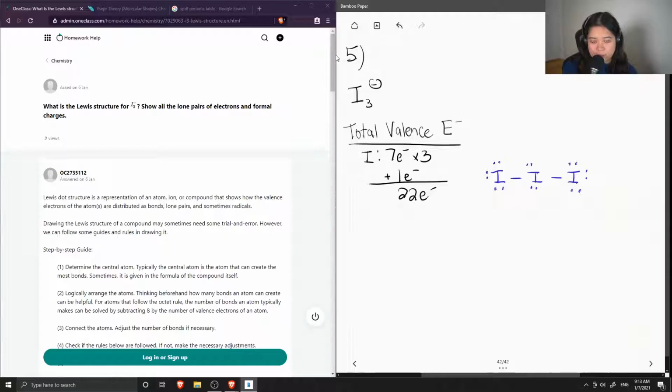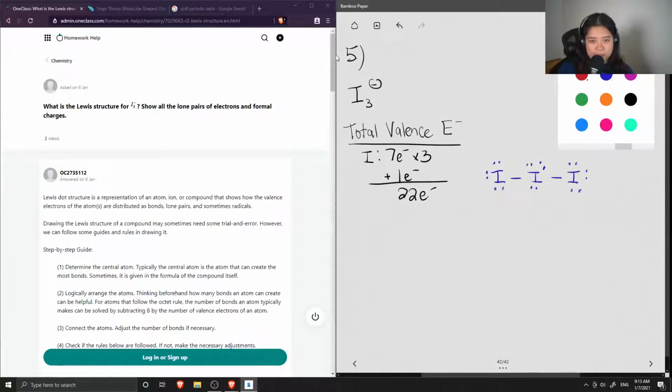We have 2 electrons in each bond, so that's 4, 5, 6, 7, 8, 9, 10, 11, 12, 13, 14, 17, 18, 19, 20. So I only have 20 drawn for this molecule, and I need 22 electrons. So I'm going to put an extra lone pair on our central iodine atom.